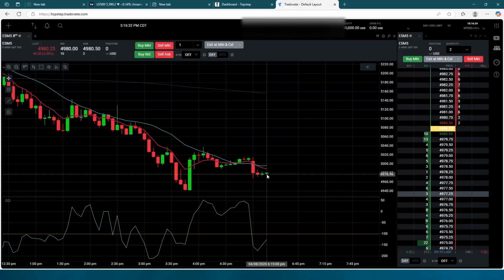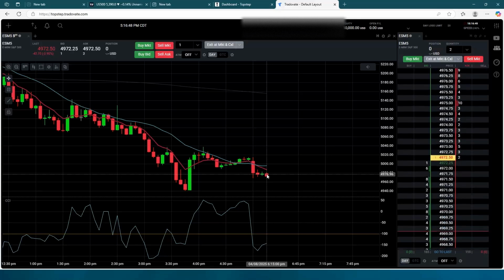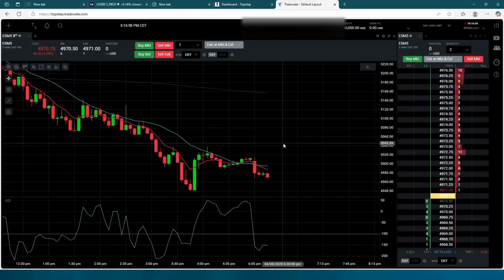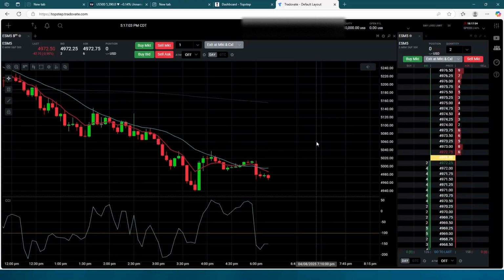However, we don't want to do that as yet. We want to be very patient, right? As we can see, the bears are definitely in charge. We can see that that candle has turned red. Typically, when you see that, you want to say, oh man, let's jump in and short this thing. But no, let's wait, be patient, and see what happens next.